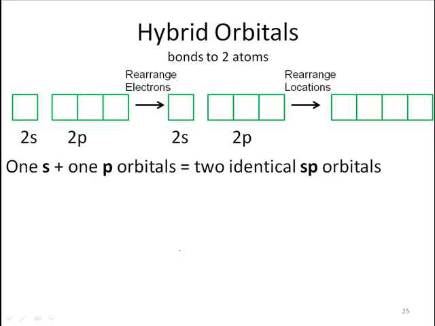So where do we get the 2 identical sp orbitals from? We've got our carbon again. If we had carbon, for example, rearrange the electrons, 1 in each. If it bonds to 2 atoms, atom 1, atom 2, what you have to have in order for it to bond to 2 atoms is 2 p orbitals and 2 sp orbitals.